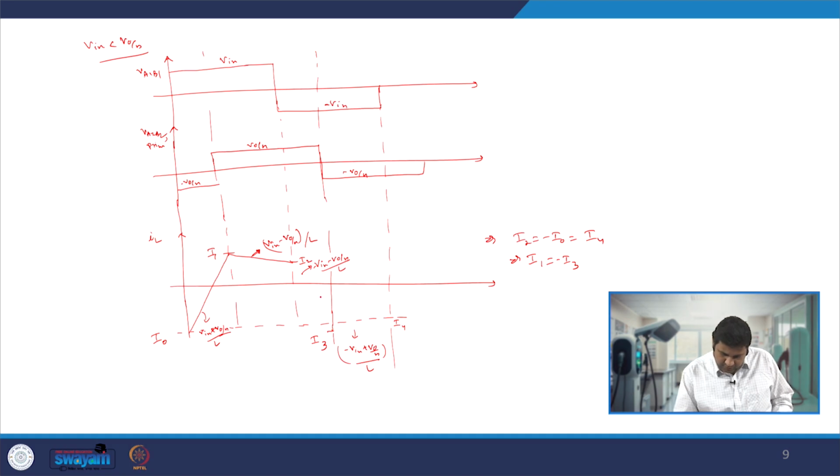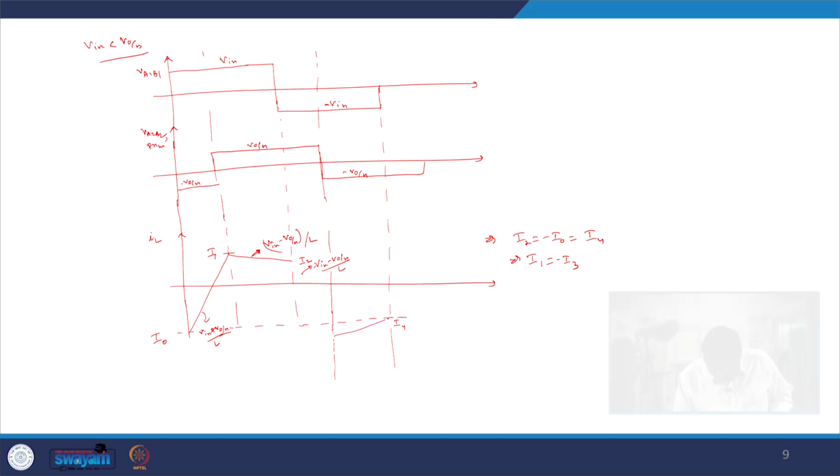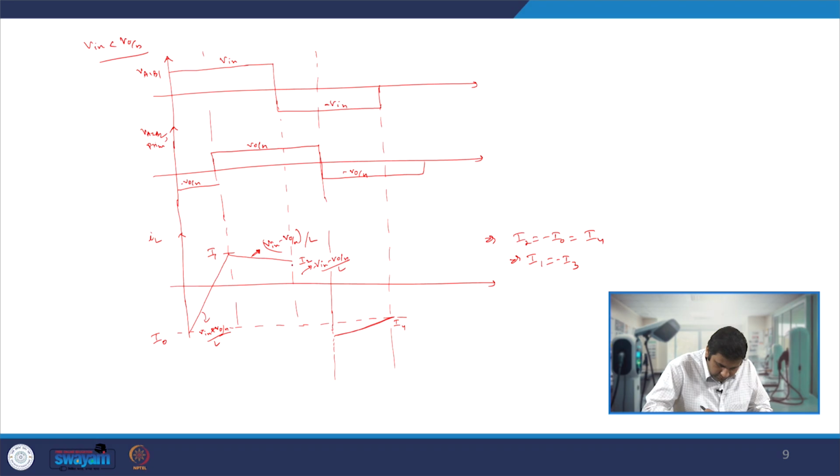We can also draw this in a much simpler manner. We have a sharp slope like this, and this one is minus V in plus V naught by N by L. This slope and this slope are nearly the same.